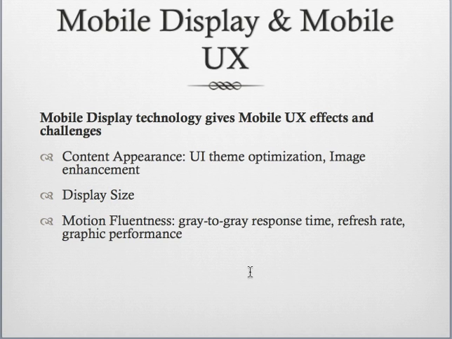And then display size: we talk about pixels and image quality, and display size is very important. You don't want your icon to be too big, or the text size to be not good. You need everything to fit your screen size.